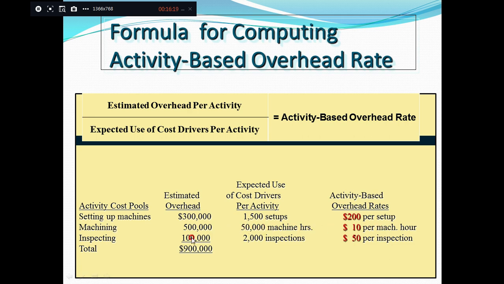Dividing 100,000 by 2,000 in inspection, we get $50 per inspection. These are the activity-based overhead rates.